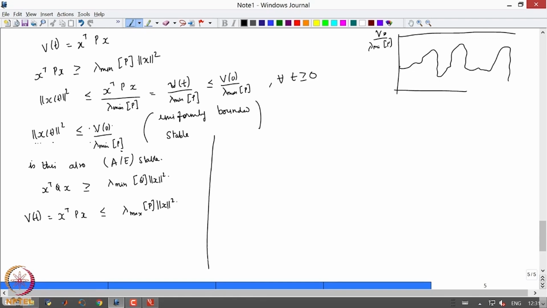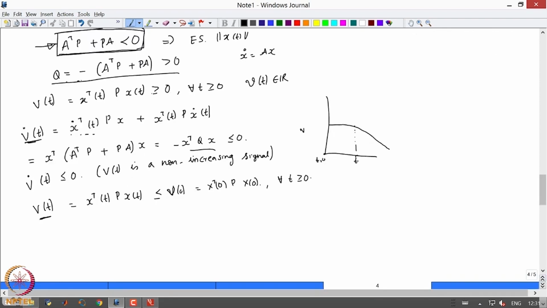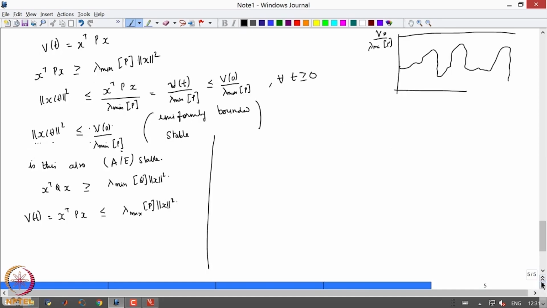Now, look at the expressions for V dot. What we can say is the following: V dot, which is minus x transpose Q x, will be less than or equal to the negative of lambda min of Q times the norm of x squared.